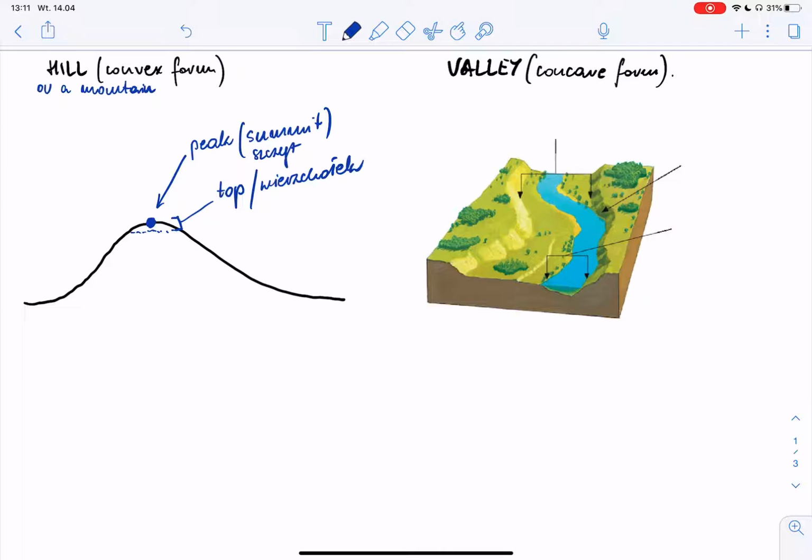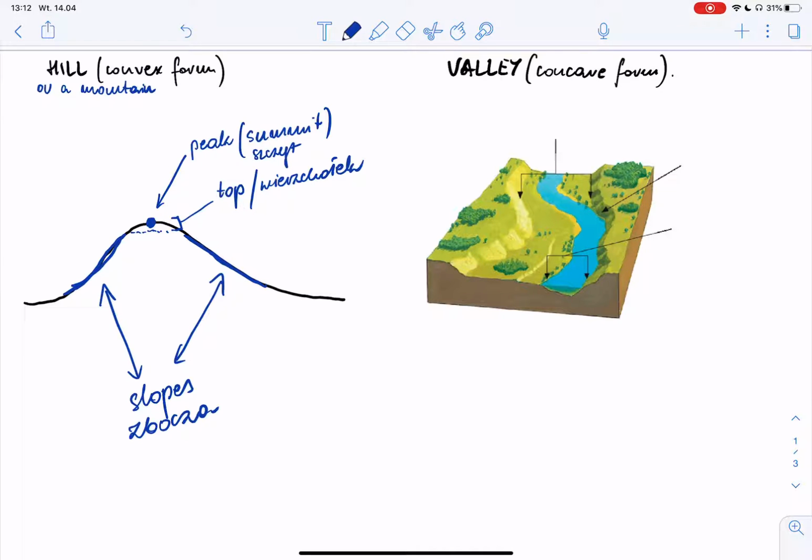And on each side of a mountain or a hill, we have those areas that are not vertical and not horizontal, and those are slopes. Zbocza.